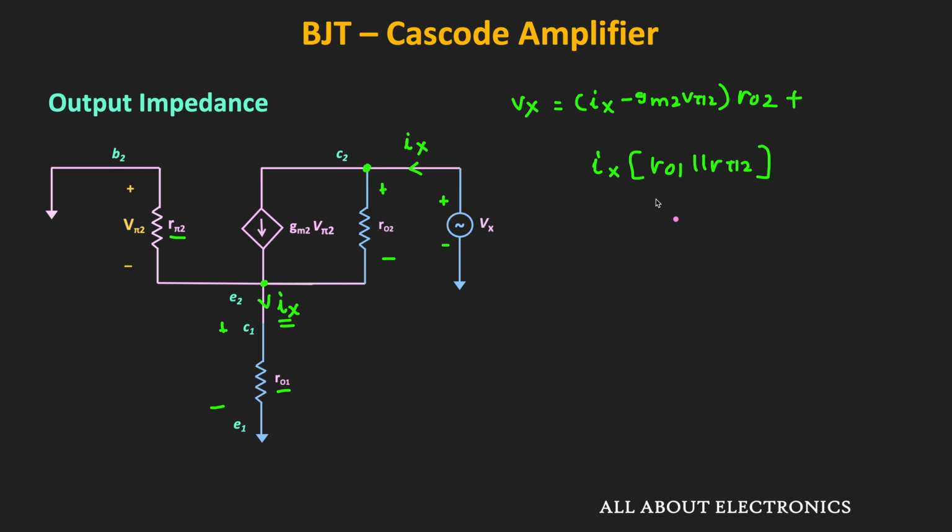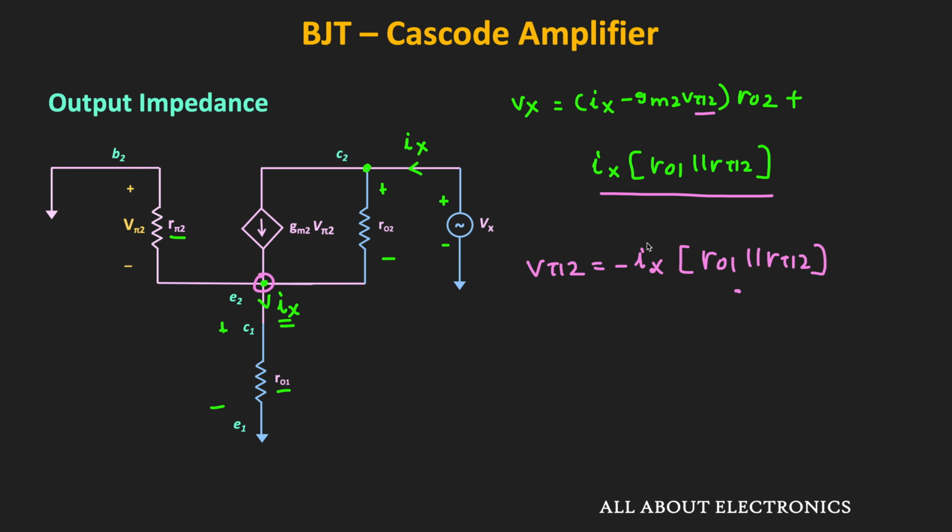If we see this voltage, then that is nothing but minus Vpi2, because the positive terminal of the Vpi2 is connected to the ground potential, while the negative terminal is coming at this node. So we can say that Vpi2 is equal to minus Ix times R01 parallel Rpi2.